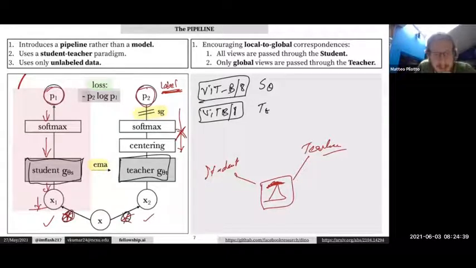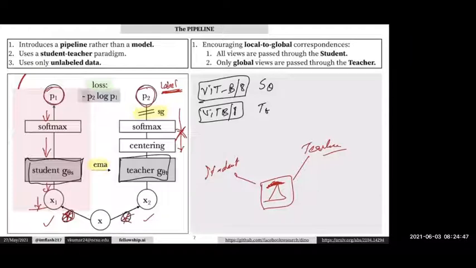I don't know, maybe masking some region of the image fed to the student, maybe.